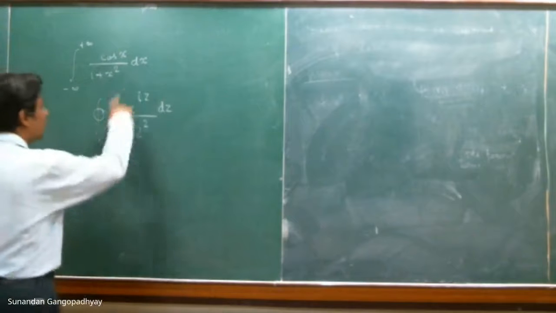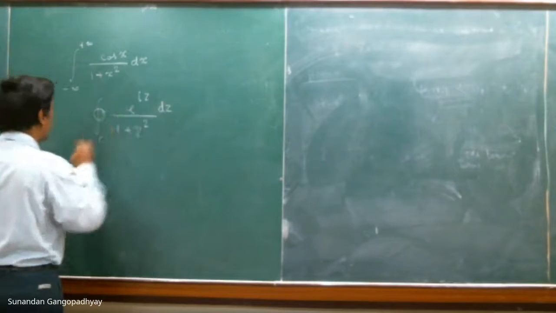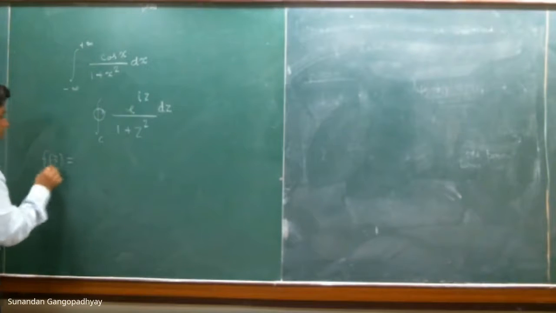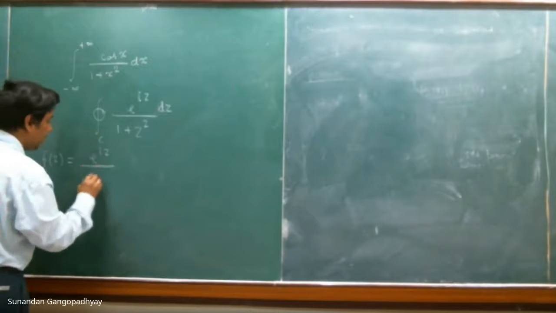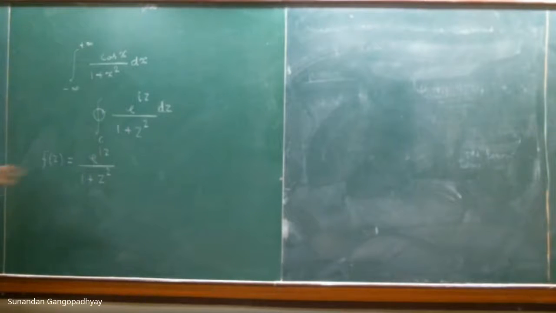If I call this full function f of z, this is a function of the complex variable: e to the power of iz divided by 1 plus z square. So this is the integrand in the closed contour integral.